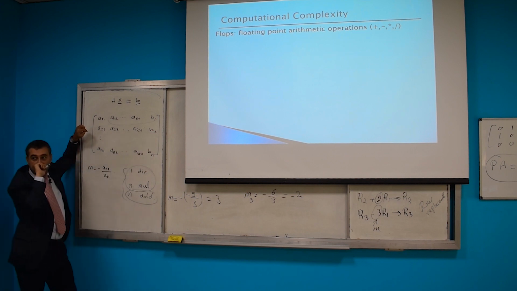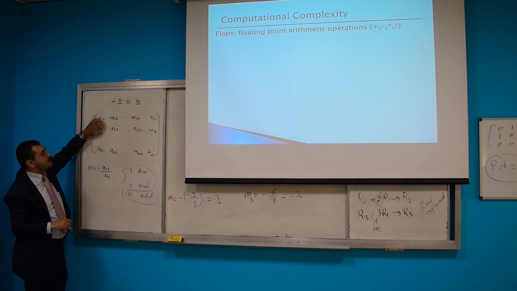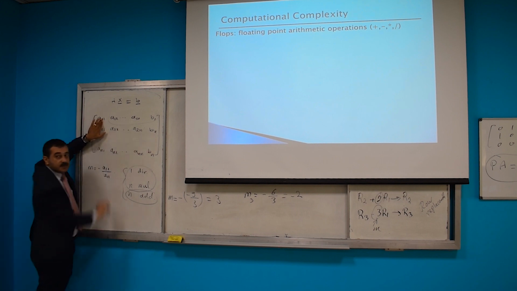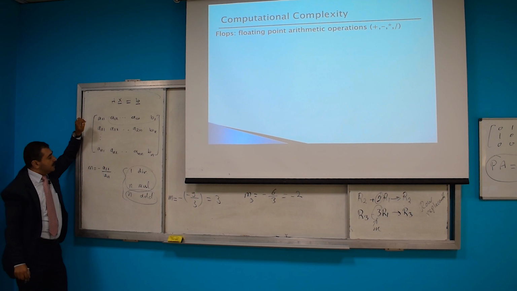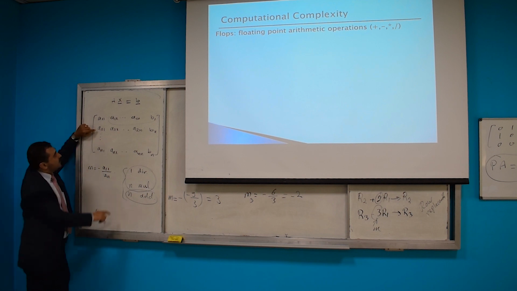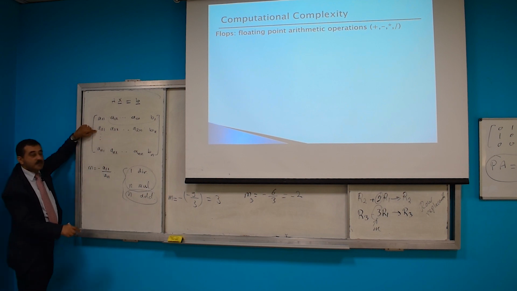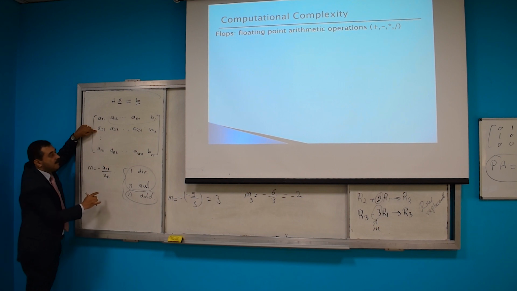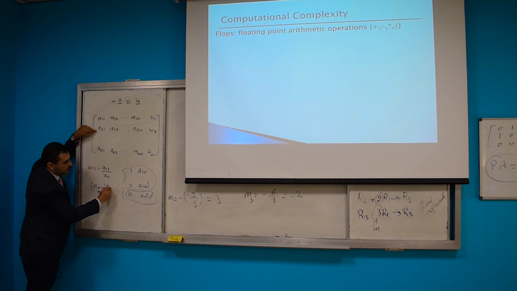Right? I eliminated the first guy because I adjusted it to get 0 here. So you don't have to calculate this guy. So I started from this guy, you have n items. To eliminate this guy. So I repeat this for all these rows. How many rows? N minus 1 rows, right?